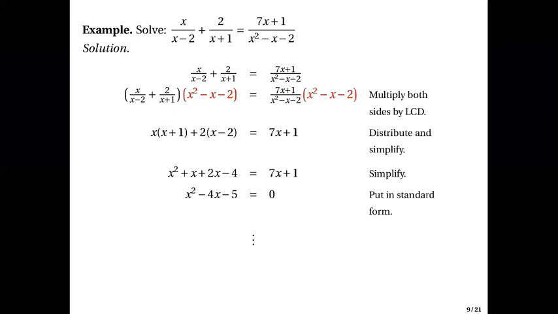And then in here, we factor, or we use the quadratic formula. It's up to us. Well, actually, it's up to you. But in an exam or a quiz, you will be asked to use a method.